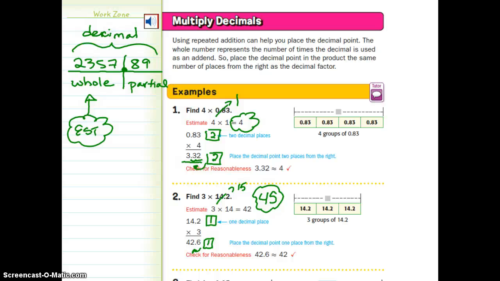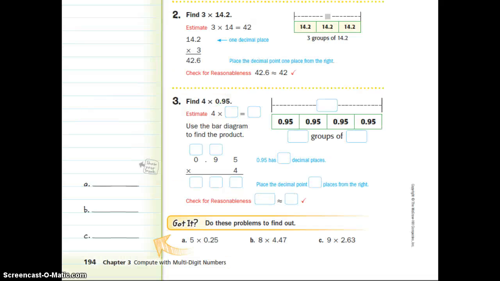All right, let's look at number 3. Okay, so we have 4 times 0.95, and again, 0.95 is close to 1, so we got an estimate of 4. So we know that the whole component of our answer has 1 digit. So, 5 times 4 is 20, carry my 2, 4 times 9 is 36, 38, carry my 3, that's a 0, that's a 3.